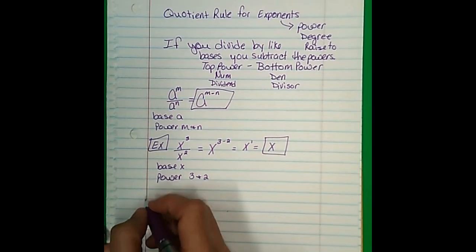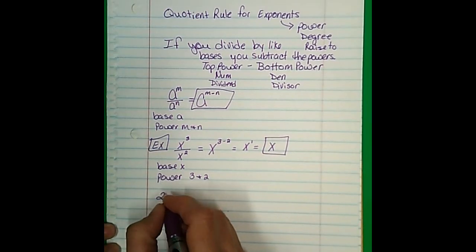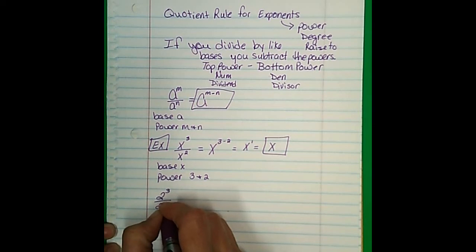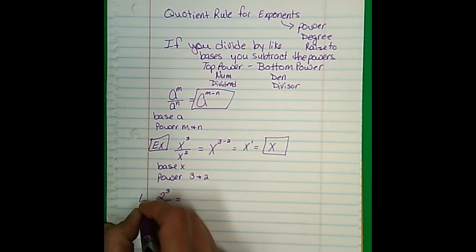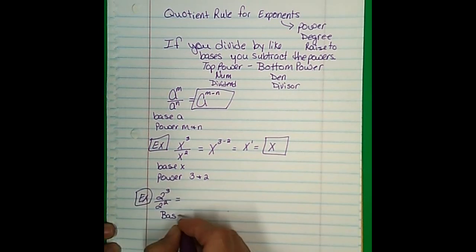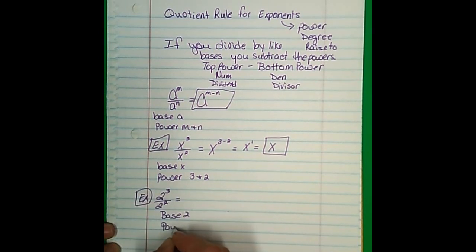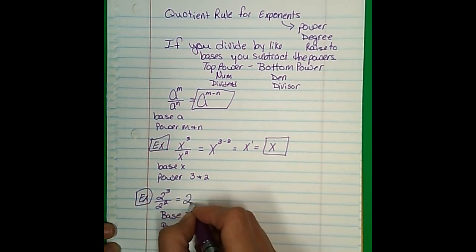So let's use a value that we do know, because I mean x, I don't know the value of x. So let's use a power of 2 cubed over 2 squared. So you agree the base here is 2, and the powers here are 3 and 2. I'm going to write my base once.